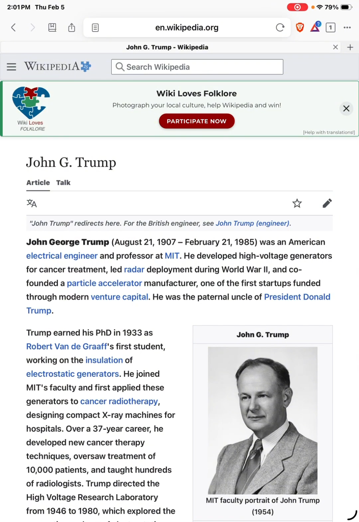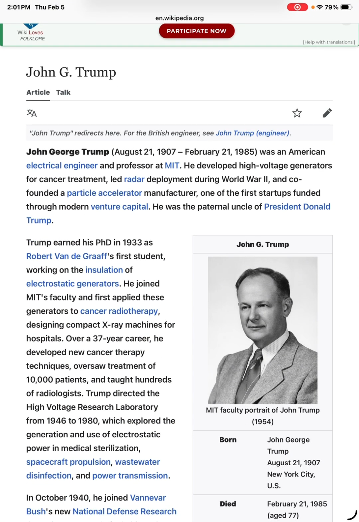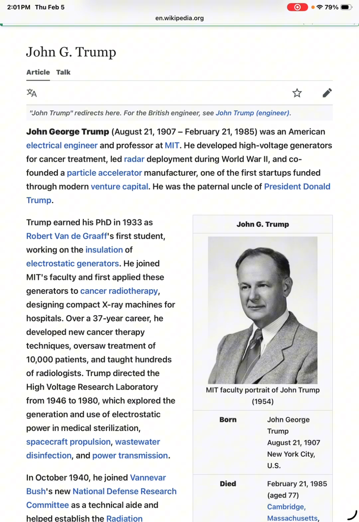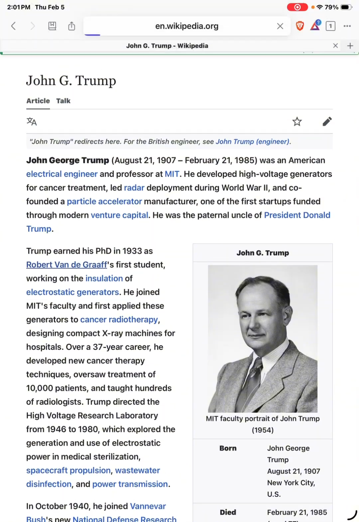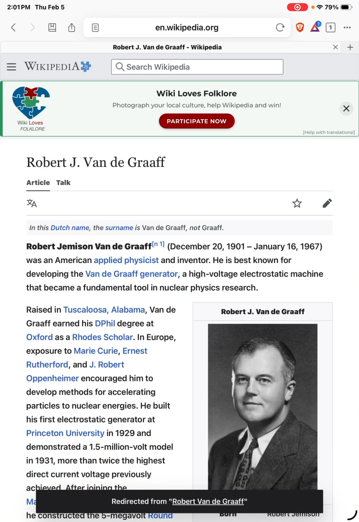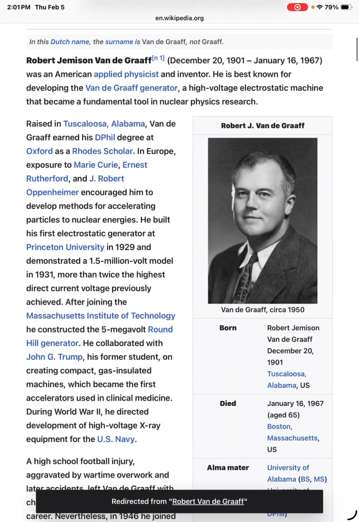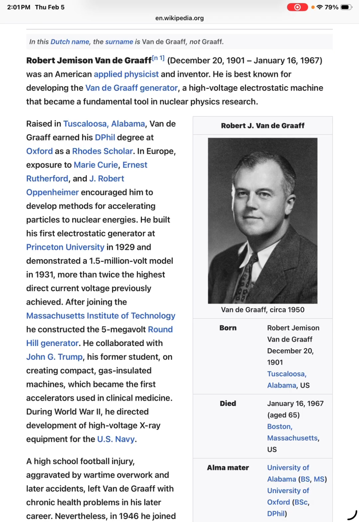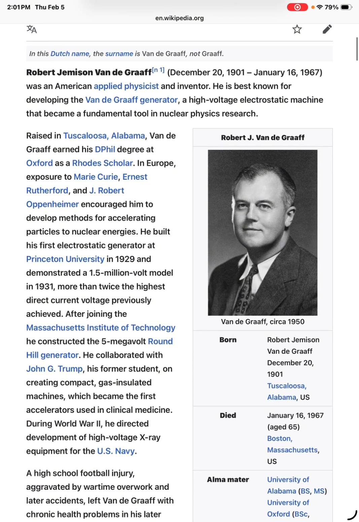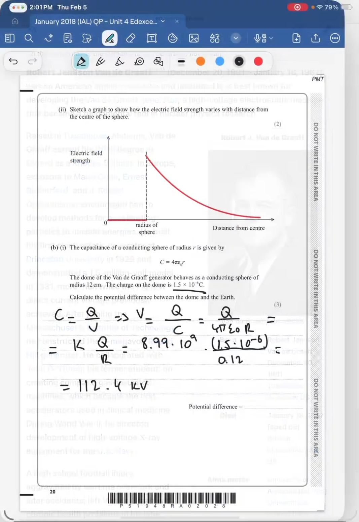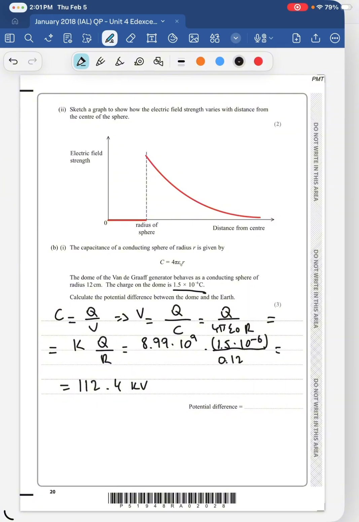He was the paternal uncle of President Donald Trump. Trump earned his PhD in 1933 as Robert Van de Graaff's first student, and this is the guy who invented the generator. He's best known for developing the Van de Graaff generator. So my intel is correct.